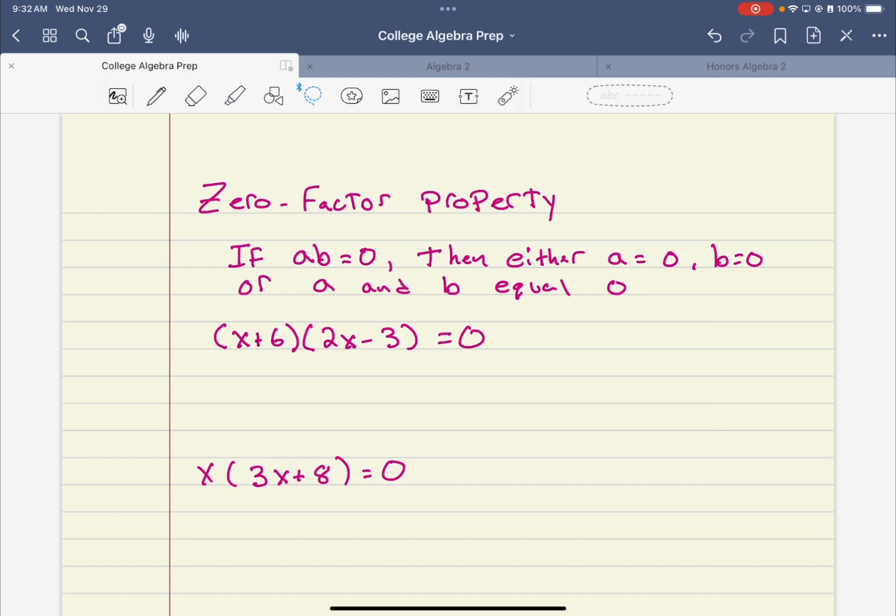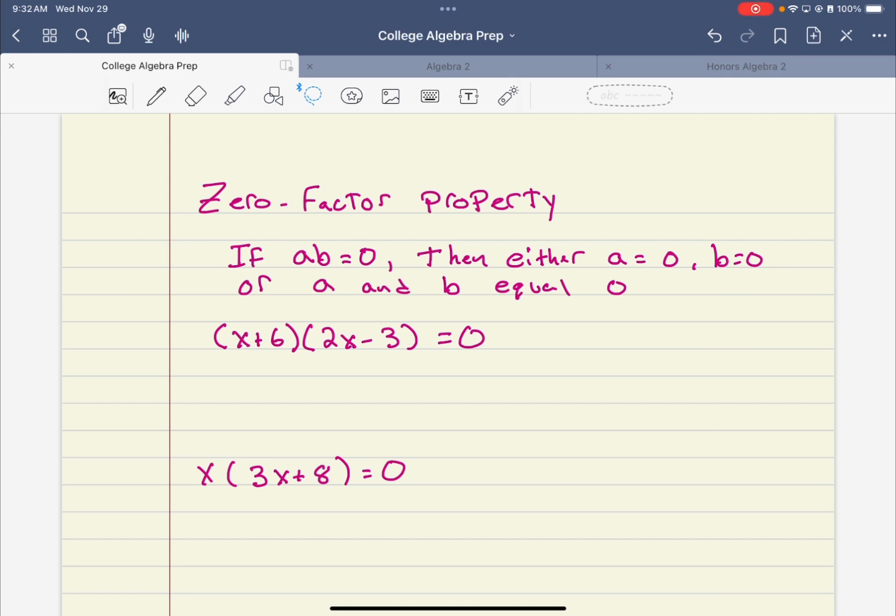So that first one's an example of something that's already in factored form. It's a quadratic. If we multiplied it out, I think it's 2x squared plus 9x minus 18 equals 0, whatever. It's factored for you already.